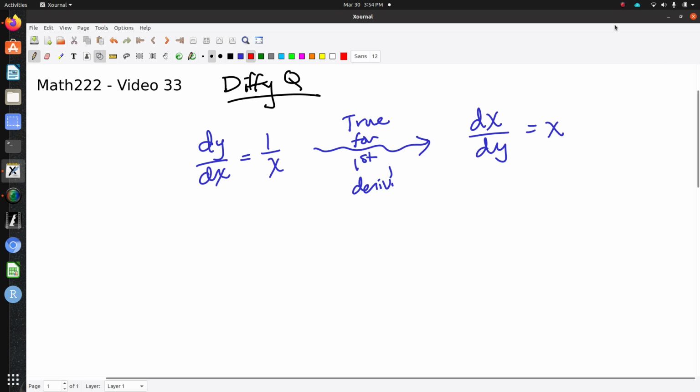However, it still works for the first derivative, and that's the thing. People forget that you can pull this trick just for the first derivative. And so then you can do things like, well, what can you do? This looks like dy dx equals y, right?